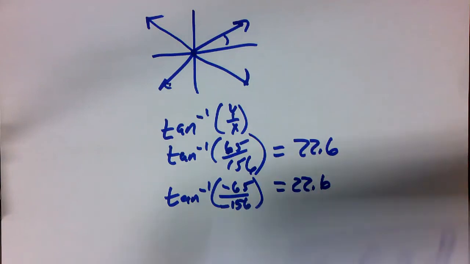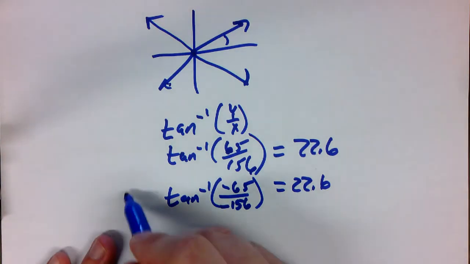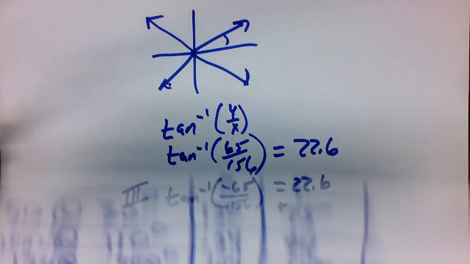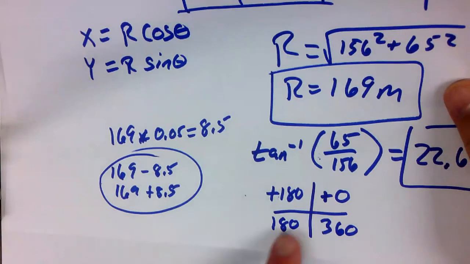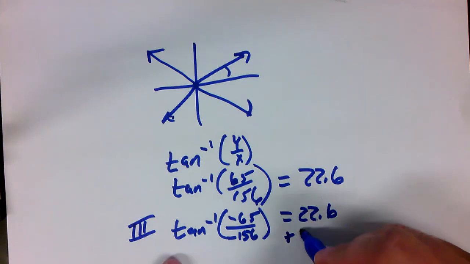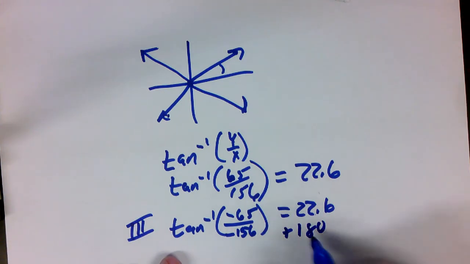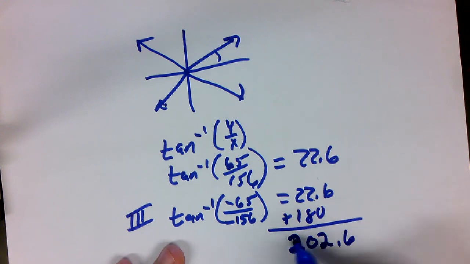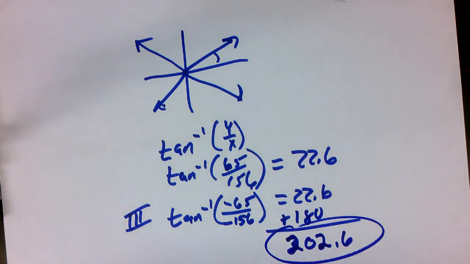But in this scenario I have over here, I am in the third quadrant, so going back to the chart, I need to add 180. And so we add 180 to this, and that gives us a new angle of 202.6. And so that is how we make that modification.